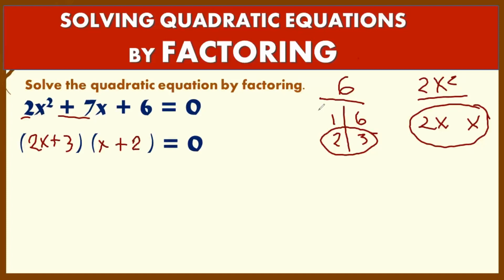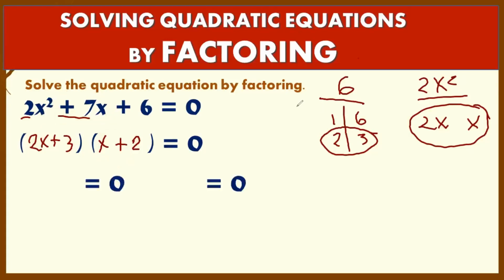Now your binomial factors are 2x plus 3 and x plus 2. So in order for you to make sure that your answers are correct, you may apply the FOIL. So 2x times x is 2x squared. 2x times 2, that is 4x, plus 3x, that is 7x. It means that is correct. Then 3 times 2, that is positive 6. In that case, 2x plus 3 and x plus 2 are your correct factors.